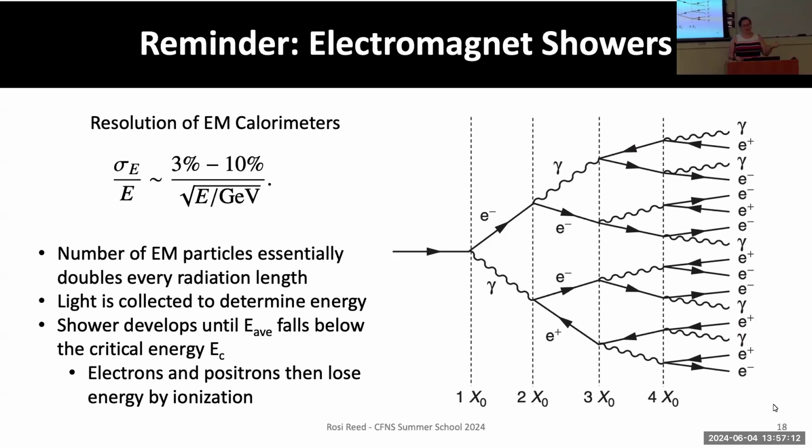Then we collect the light here to determine the total energy that the starting particle had. The critical energy is where electrons and positrons, instead of pair producing and emitting Bremsstrahlung, are really just losing energy via ionization. Your typical resolution of electromagnetic calorimeters is on the order of 3 to 10% per square root of E in GeV. This is just some rough estimate.